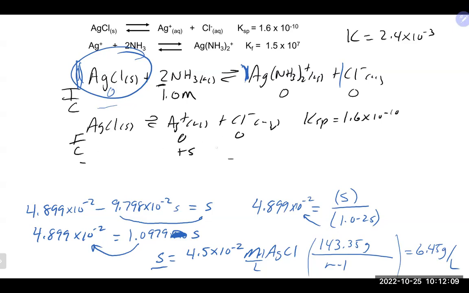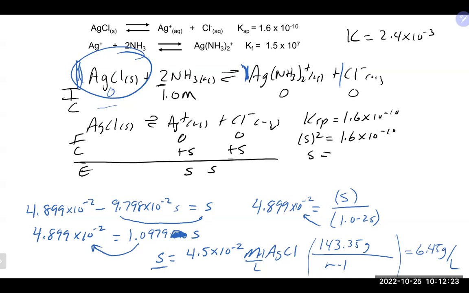Change would be plus S plus S. This would give us S and S. That would give us that S squared is equal to the KSP. Taking the square root would give us the molar solubility of silver chloride in water, as we did earlier on.